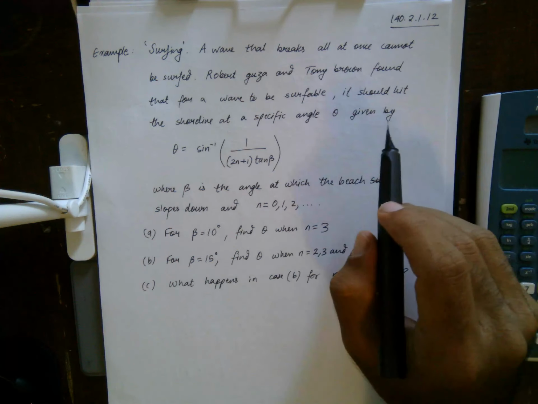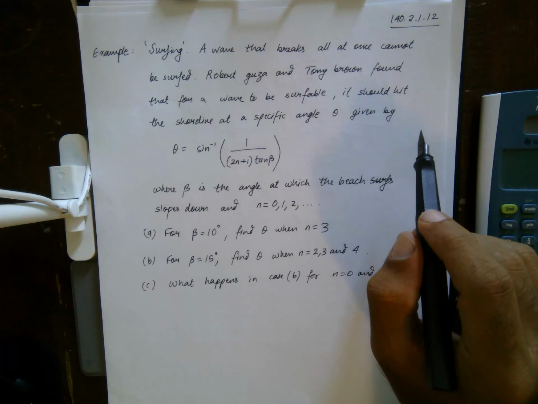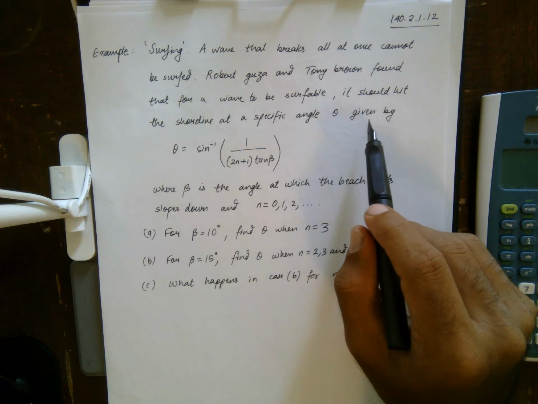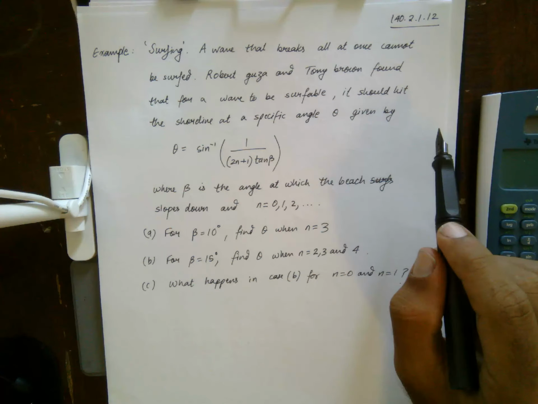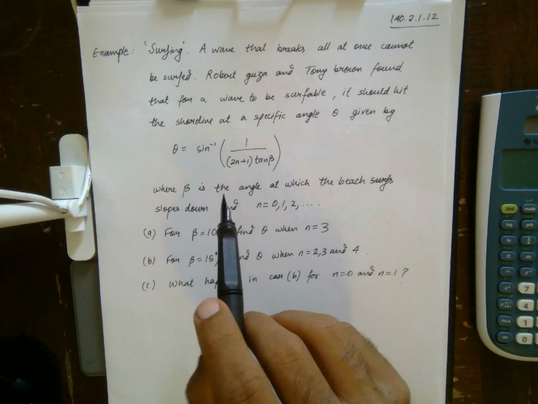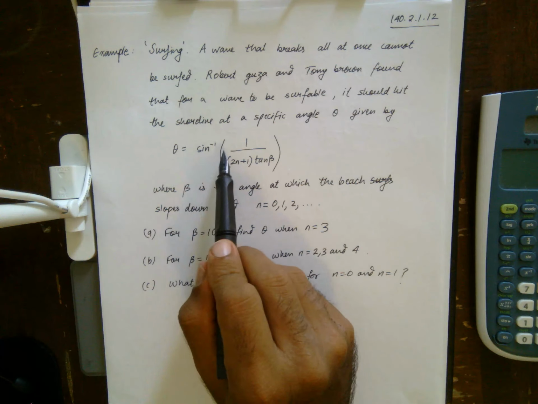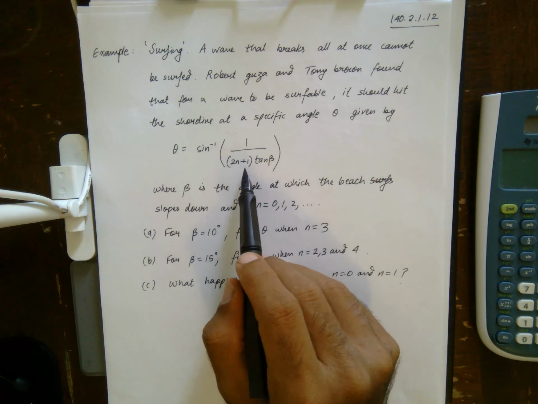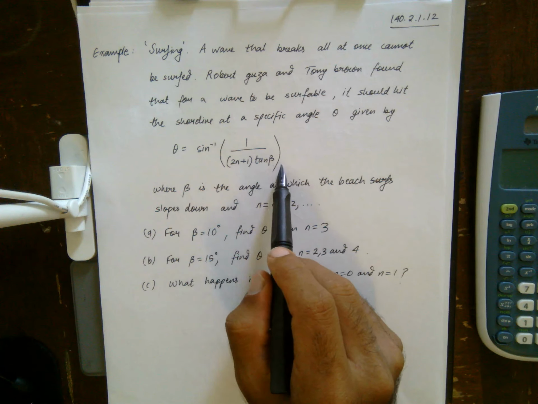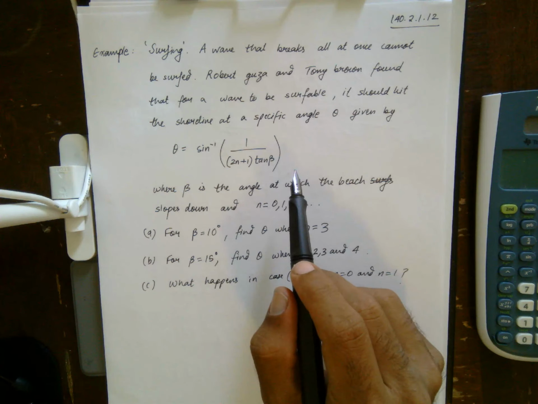Now these two scientists, Robert Guza and Tony Brown, found that for a wave to be surfable, it needs to hit the shoreline at a specific angle theta. And this theta is given by an inverse trig function, sine inverse of something. That something is 1 over 2n plus 1 times tan of beta. So it's a composition of inverse and regular trig function.